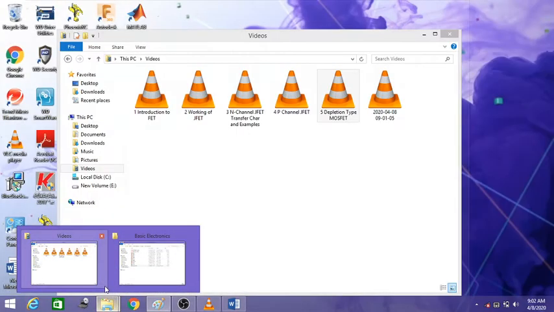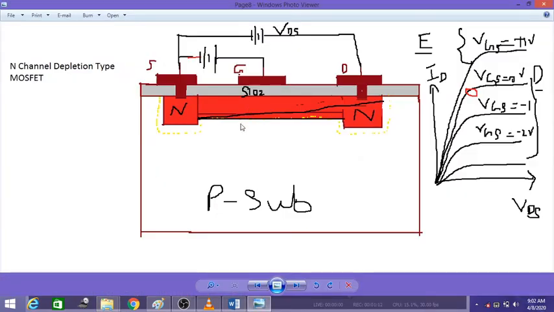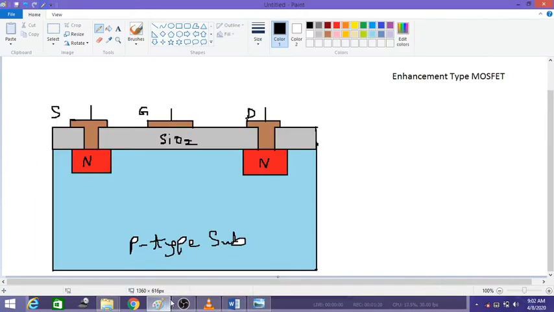If we quickly see from these diagrams, in the depletion type diagram which we have seen before, there is a channel between the source and drain, but in the enhancement type there is no channel at all.